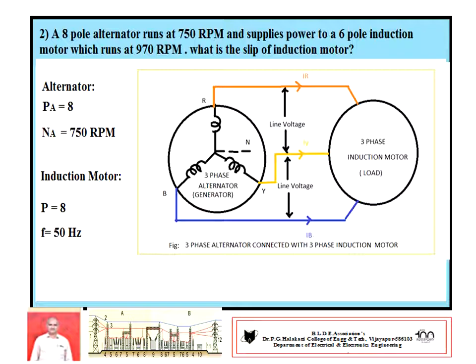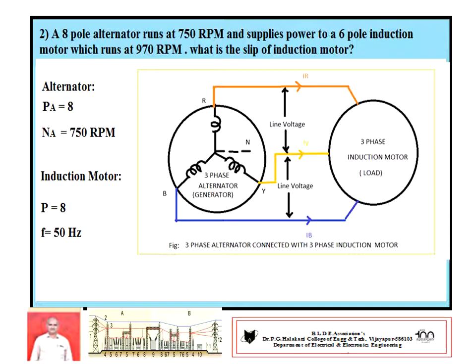We have to understand that alternator means AC generator. The AC generator generates 3-phase AC power and it is connected to the 3-phase induction motor. With the frequency of the AC power generated by the alternator, it supplies power to the induction motor. Hence, we have to calculate frequency from the alternator data, that is the only additional step. Remaining all things are the same.